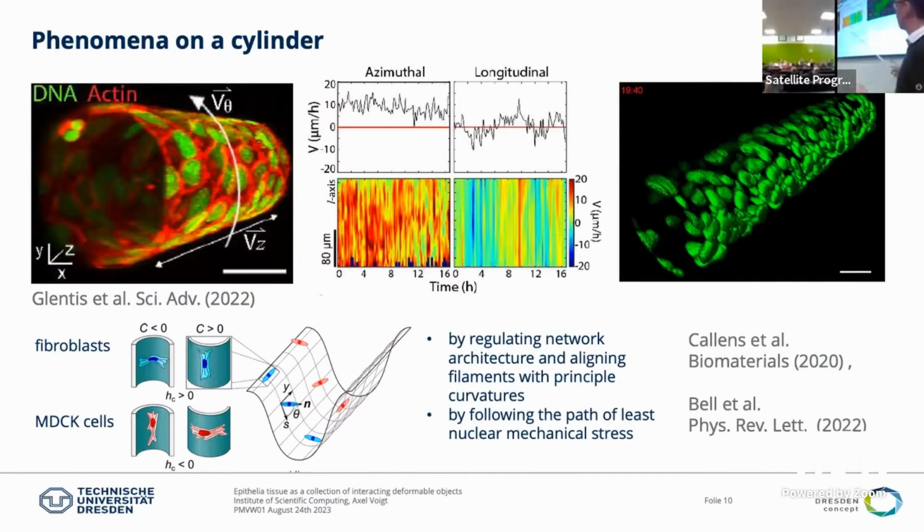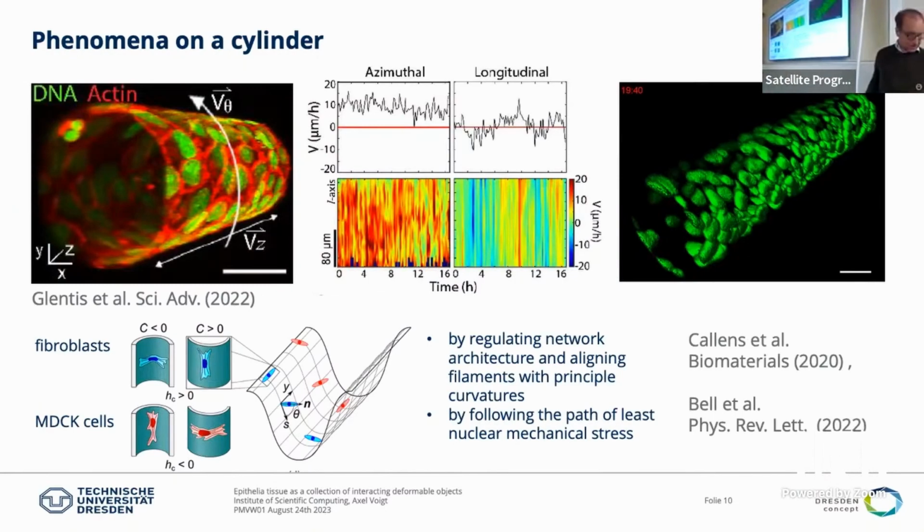This is attributed to alignment of the regulating network filaments within the cell with the minimal curvature direction, similar to liquid crystals on curved surfaces. The other explanation is that, of course, the cells are 3D and there's a nucleus, and they align in such a way that there's the least nuclear mechanical stress. However, within our 2D picture, the first is more friendly, and we go with that.